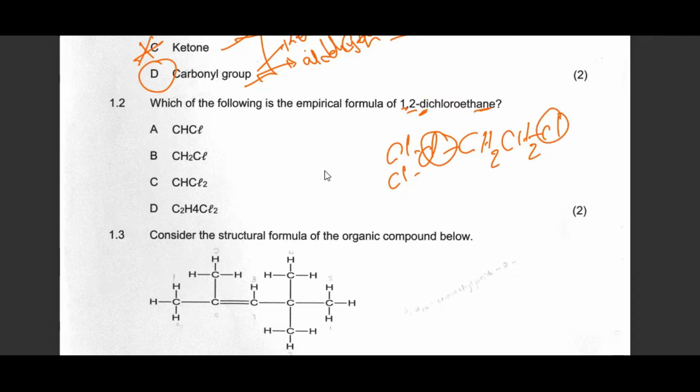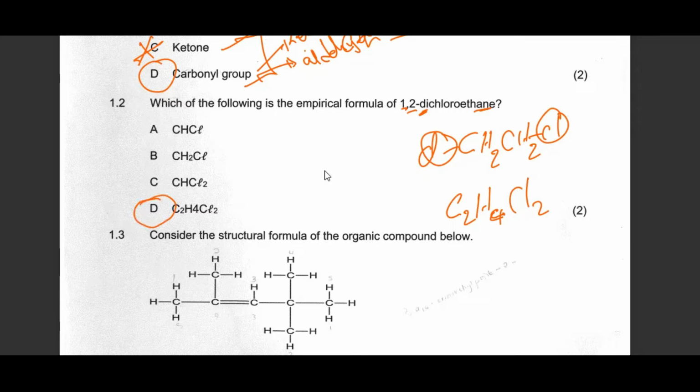If we count this, we will find out that we have C2, H4, and then 2 chlorides, which is going to give me that. If we have that answer, it becomes the correct answer, which is D.